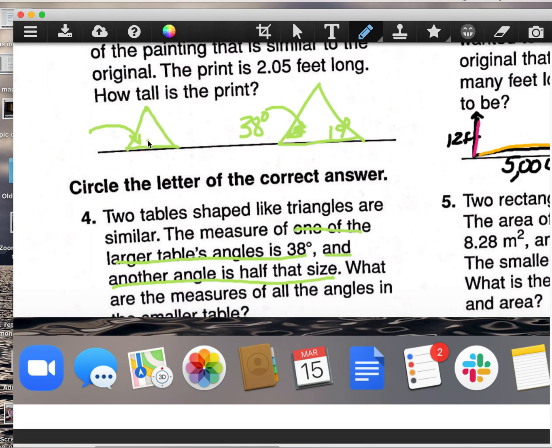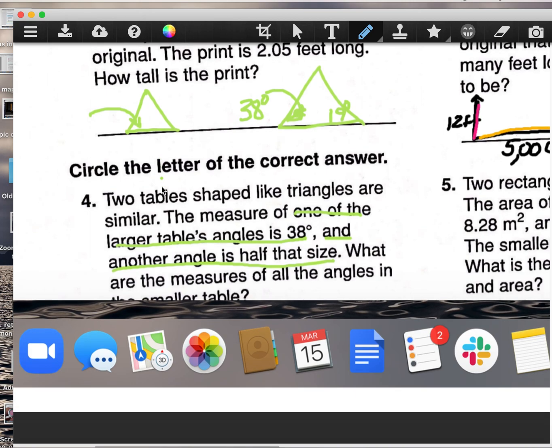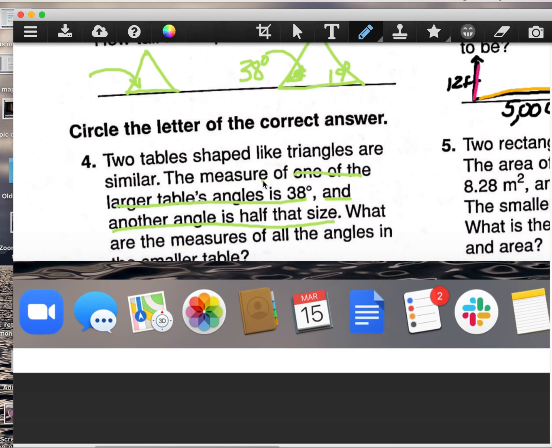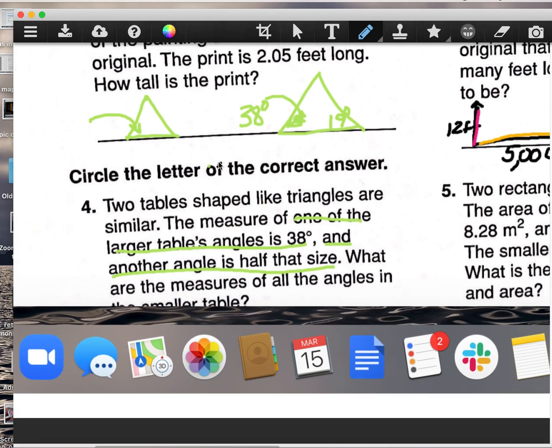Okay, if we know that 38's here and 19's there, we know that when it comes to angles, similar shapes have the same angles. So I know this has got to be 38, and I know this has got to be 19. Now the only decision is it's asking us for all the angles.